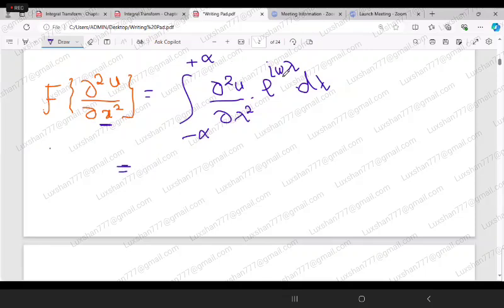I am taking this as my first function and this as my second function.